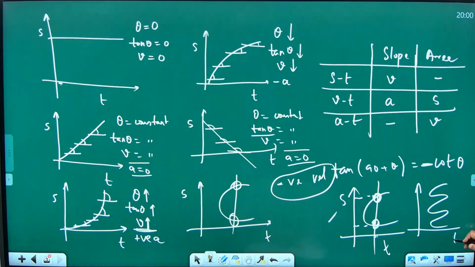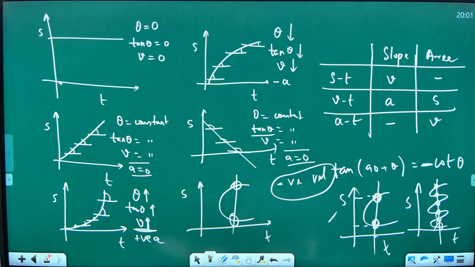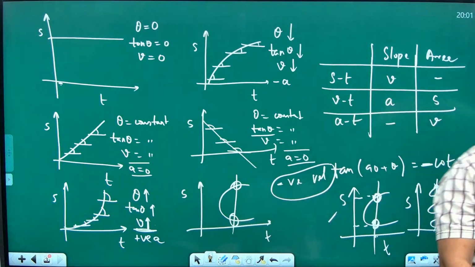No, sir. Once again, not possible. Why? Because at the same time we are having 1, 2, 3, 4, 5, 6 positions. Possible only in the Dr. Strange movie, multiverse. Otherwise not possible in our real universe, which is a single universe.